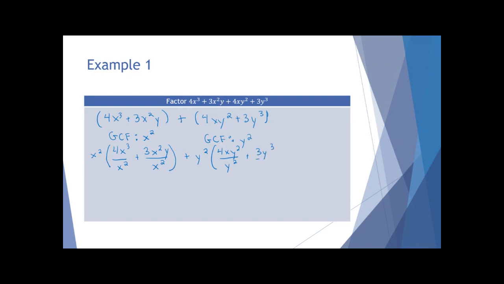So I'm just writing every term divided by the greatest common factor that associates with it. So I've got x squared, so that's taken out of the first 2. And then the y squared is only taken out of the last 2.